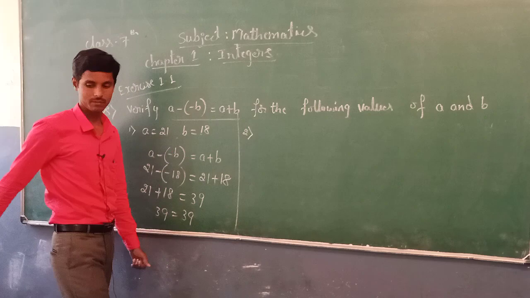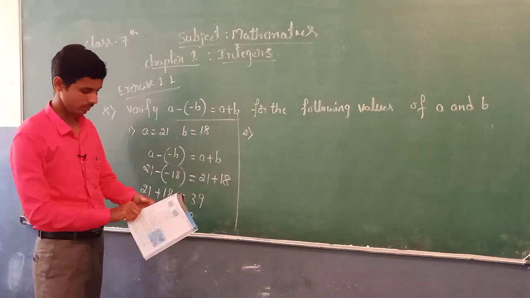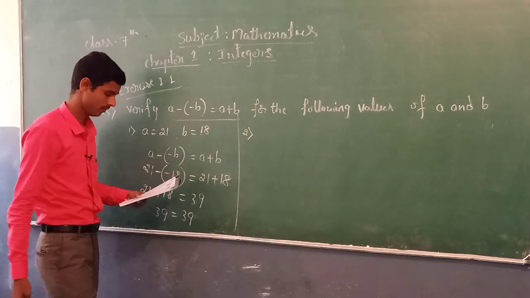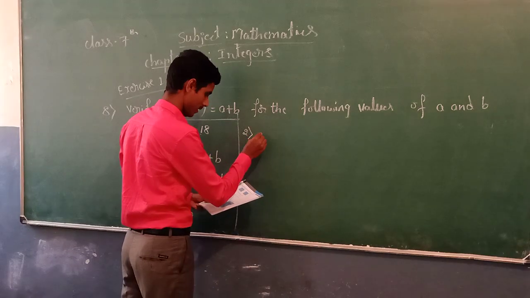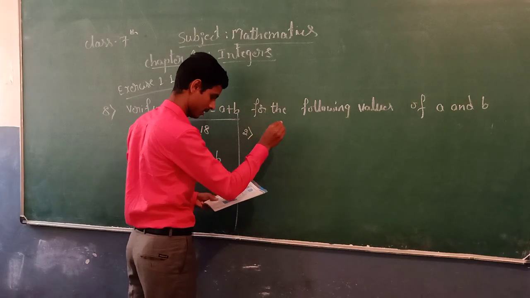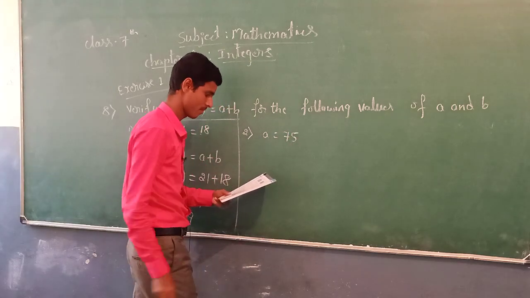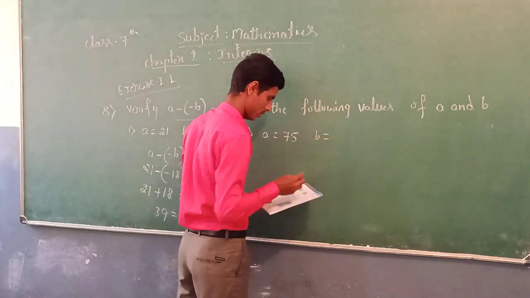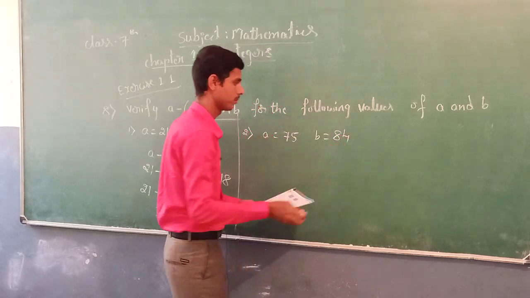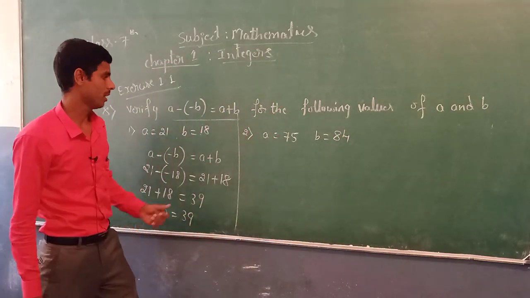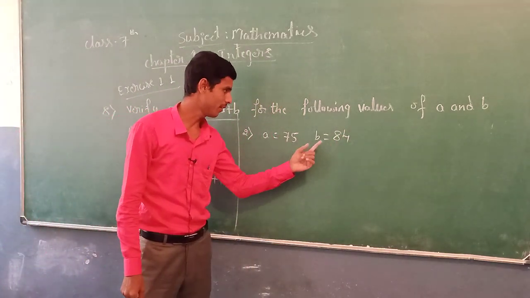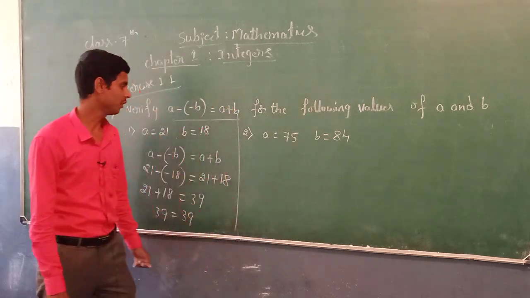We will solve the second one. A equals 75, B equals 84.